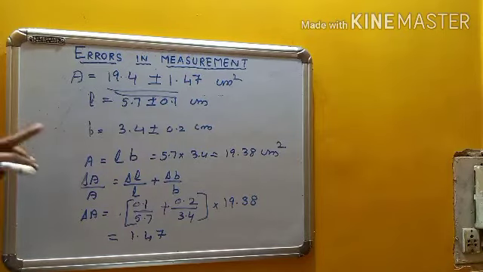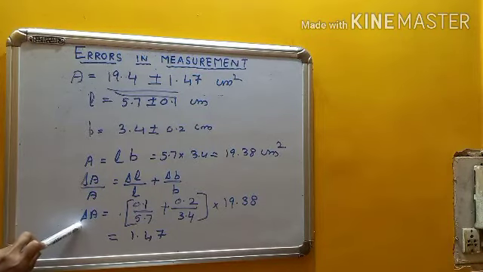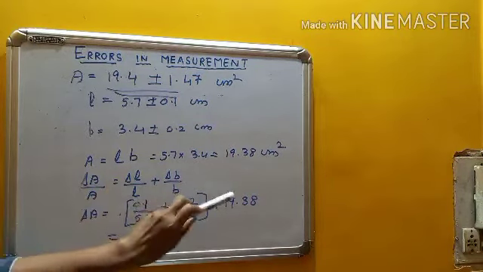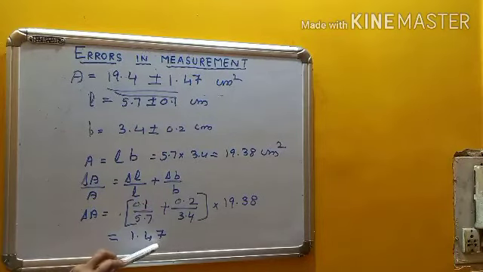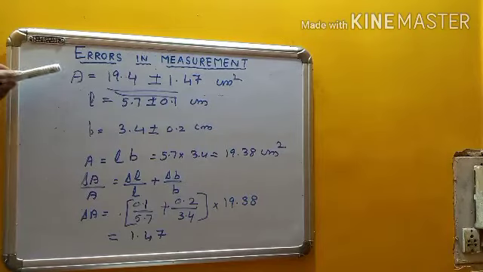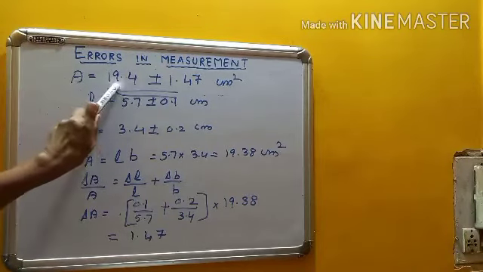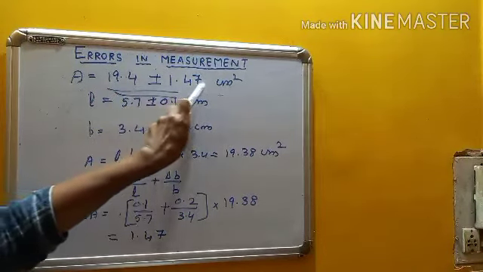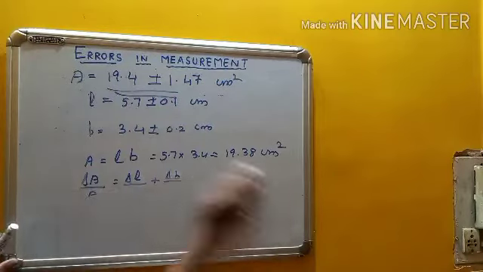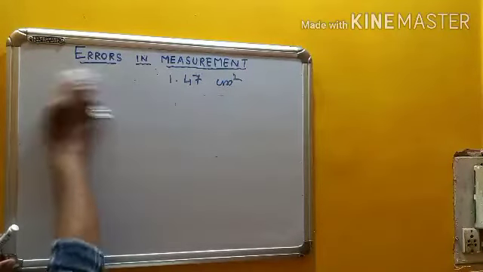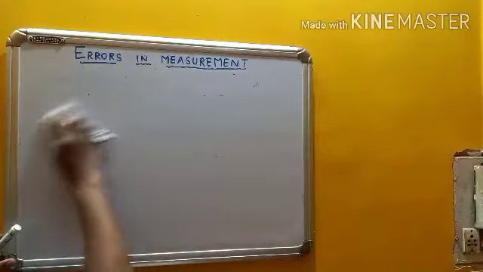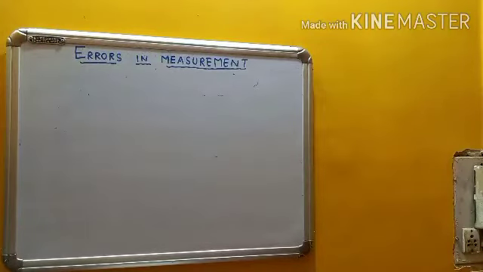So we have to represent it in terms of absolute error, that's why we calculated delta A. We substituted the values and got delta A as 1.47, nearly 1.5, and we wrote the area as true value plus or minus absolute error. Okay, so this is one example in the case of multiplication of two physical quantities.